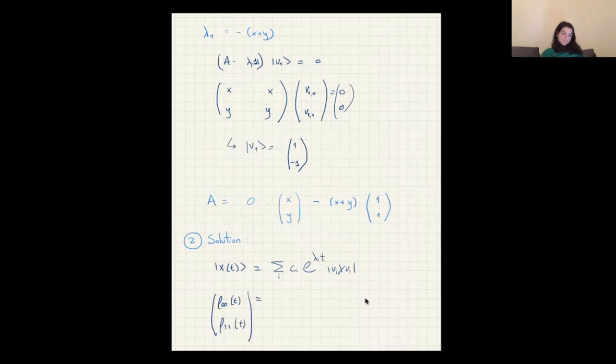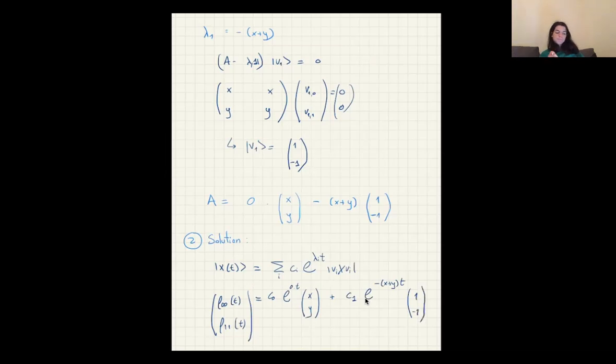This is now some C_0 that we don't know yet, e to the 0 times t, so that's just 1, times the vector x, y, plus some C_1 that we don't know yet, e to the minus (x plus y) t, times 1, minus 1. Whoops, I forgot the minus sign.